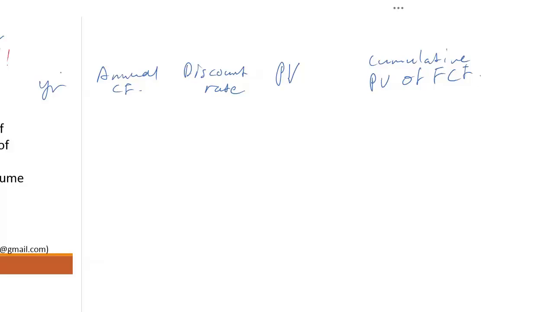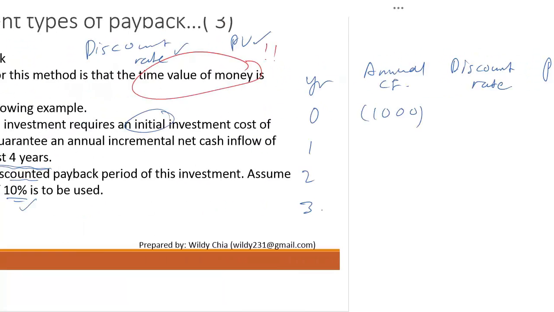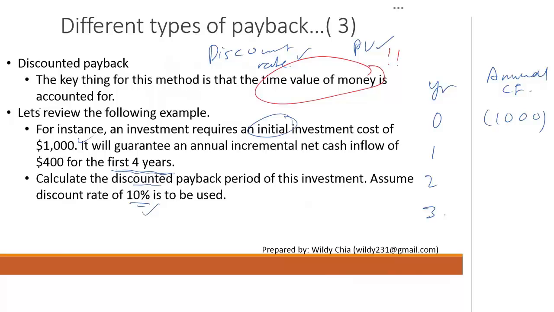In year 0, what would your cash flow be? Negative 1,000. Then years 1, 2 and 3, which according to the question will be 400 for each of the first 4 years. Now, beware. There are cases where you may not have to consider the yearly cash flow for the entire period, because so long as you have calculated until the payback period is achieved, you may not need to calculate for the rest of the years.